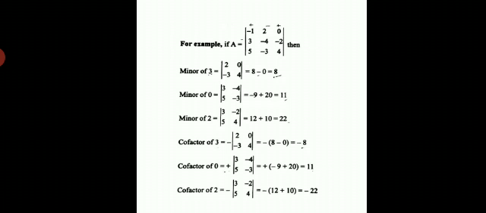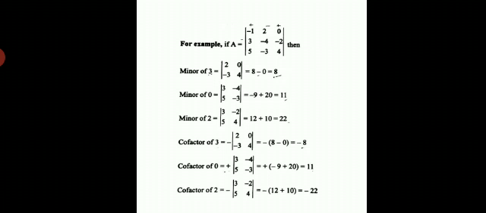Where is 3 here? In the second row, first column. So delete the first column and second row. The elements that remain, you have to note in a determinant: 2, 0, minus 3, 4.